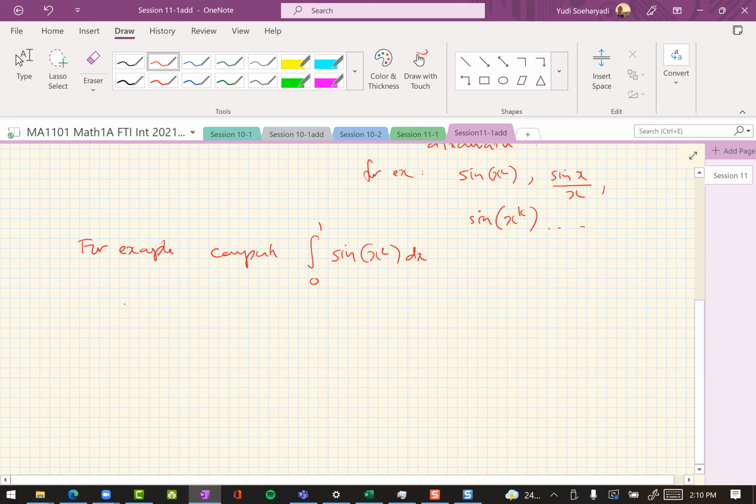What we know is that sine x squared is continuous. Why? Because it is a composite of x squared, a polynomial, which is continuous, and sine is continuous. So the composition is continuous.